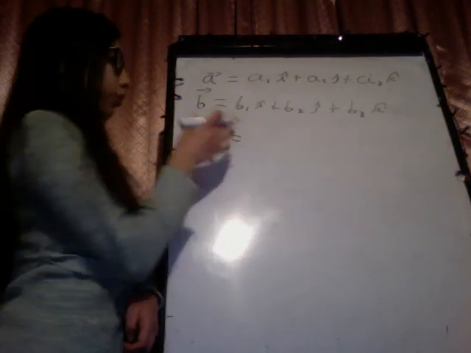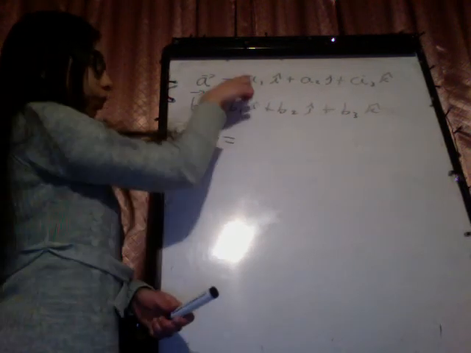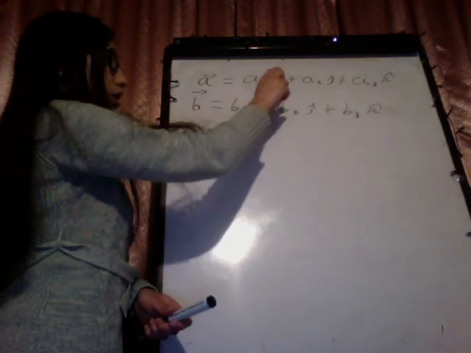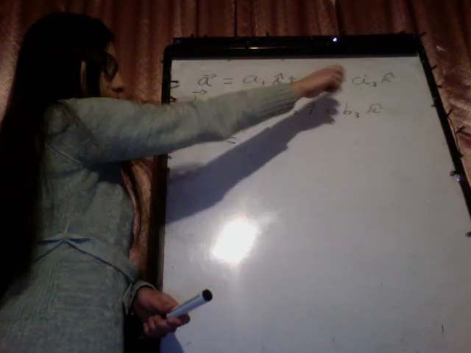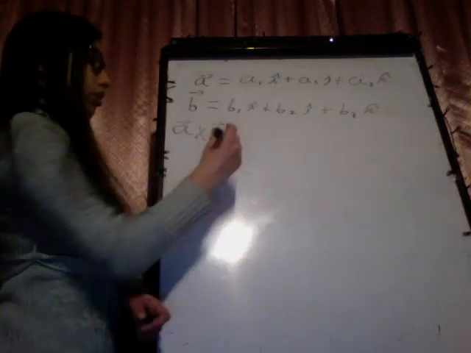So I will put 3 rows, one for A1 cross the others, the second for A2 cross the others, and the third for A3 cross the others.